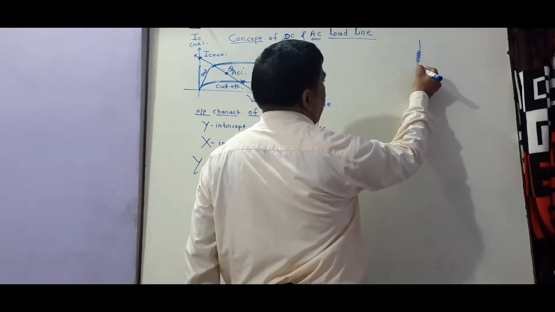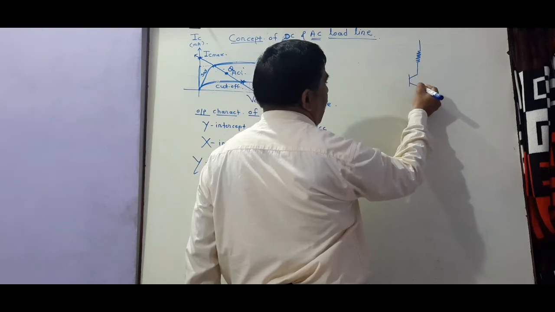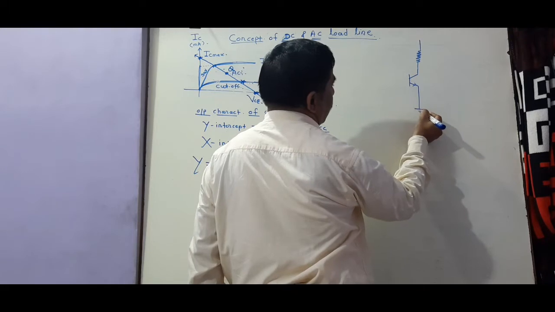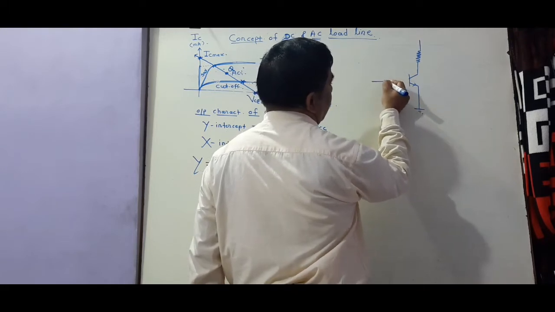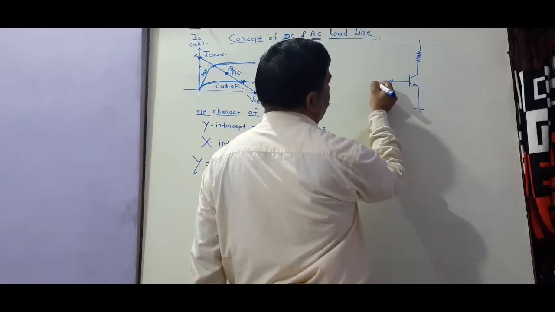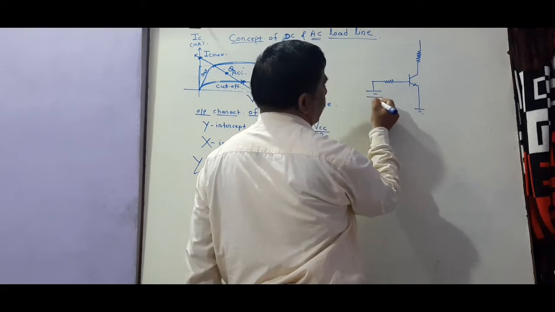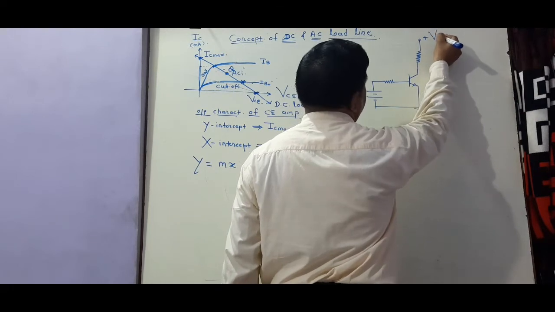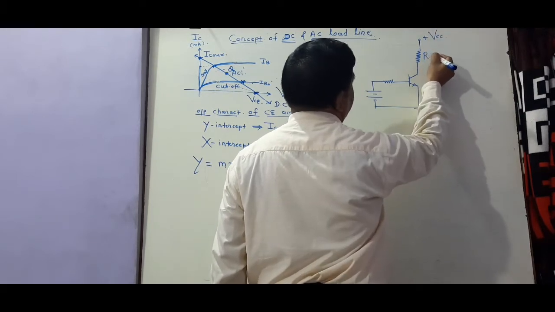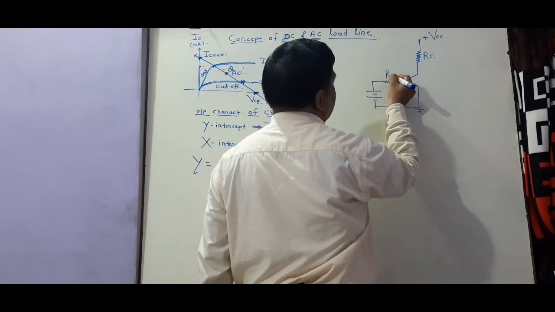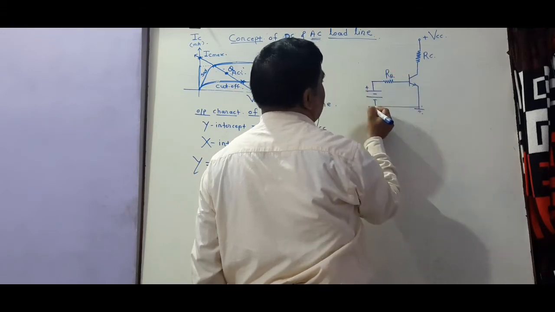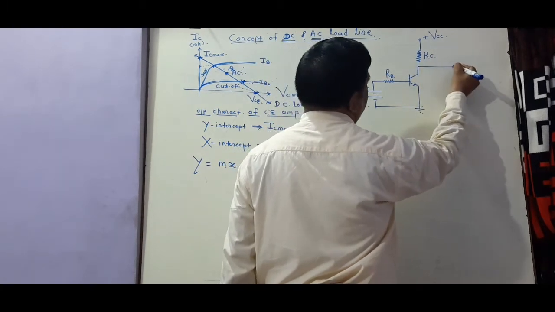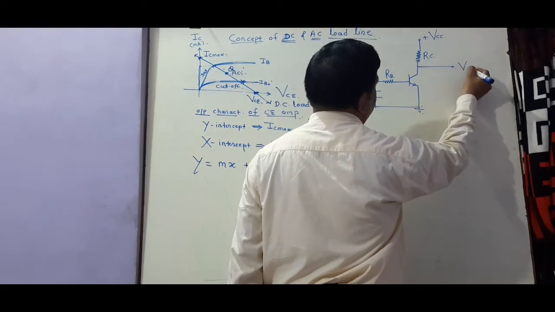This is the diagram of a common emitter amplifier using an NPN transistor. This one is plus VCC, this one is RC, this one is the biasing resistance RB, this voltage is plus VB, and this voltage where the output is taken is called VCE.